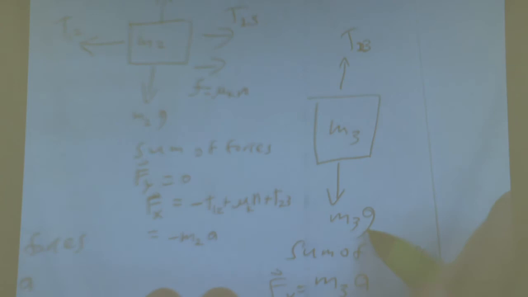Okay? So I'm going to repeat this process. I'm going to look at the third mass, 2, 3 minus m3g. So if we look at that, m3g, 2, 3. Okay.